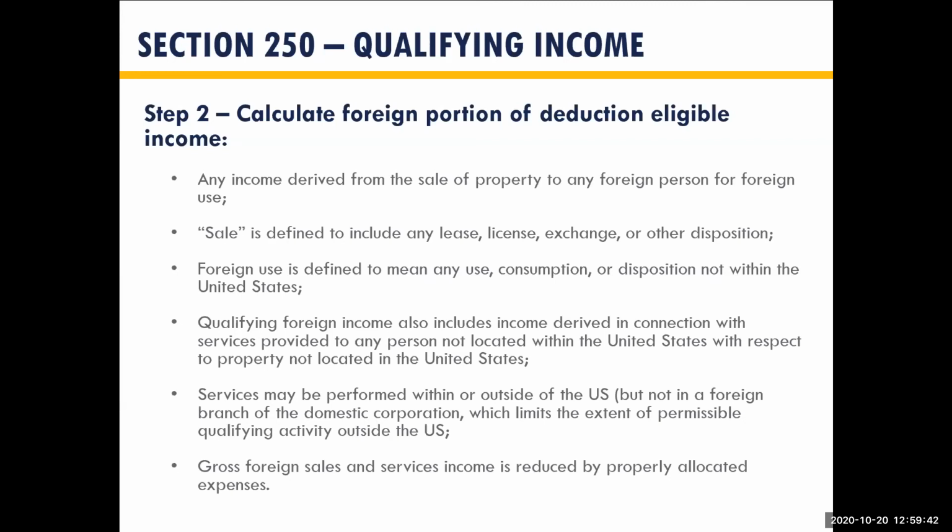But for FDII, if you're providing services in the US for a foreign customer, it doesn't matter what the services are, that could potentially qualify for the FDII deduction. So you get a little bit more lenience in what qualifies. Also, further use would not necessarily eliminate the benefit for FDII purposes.